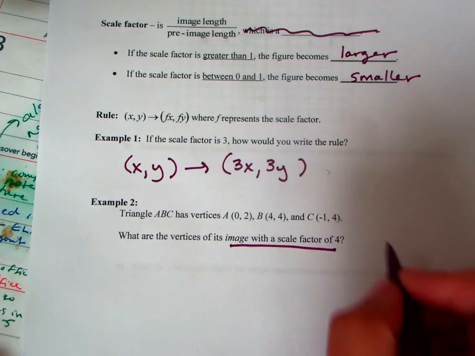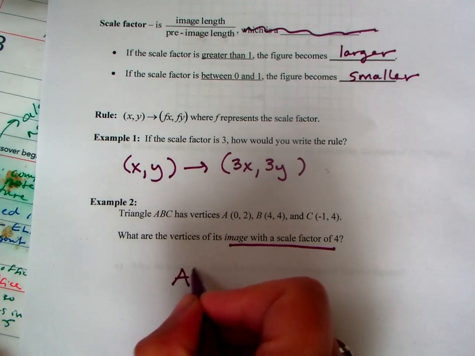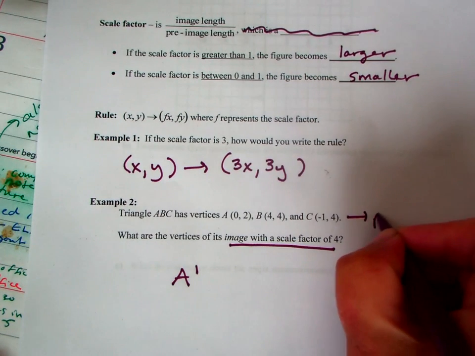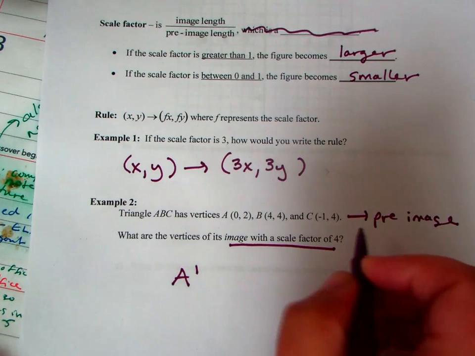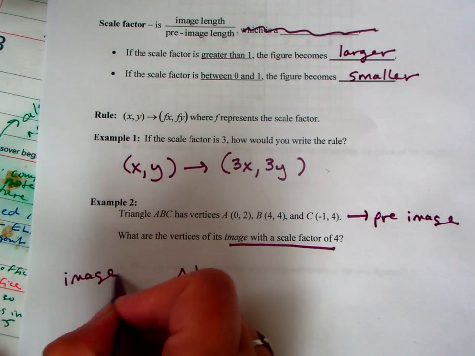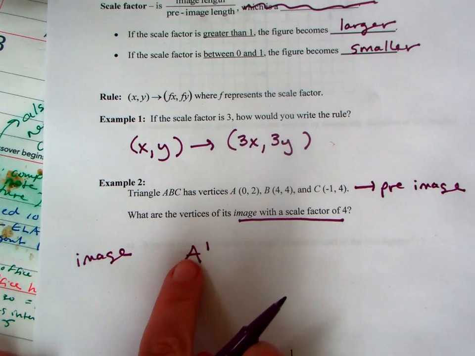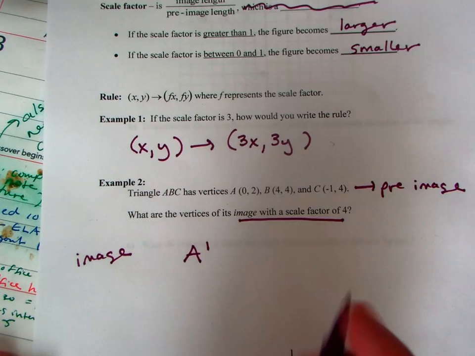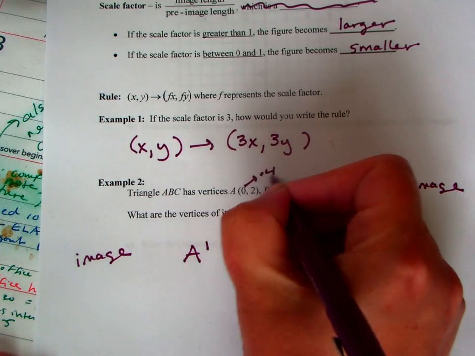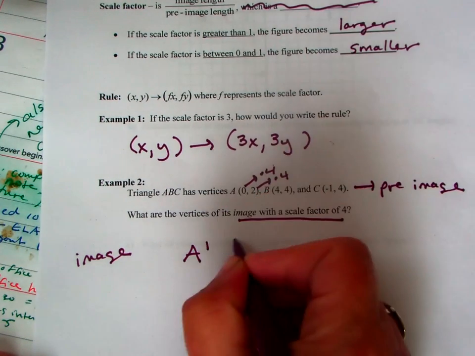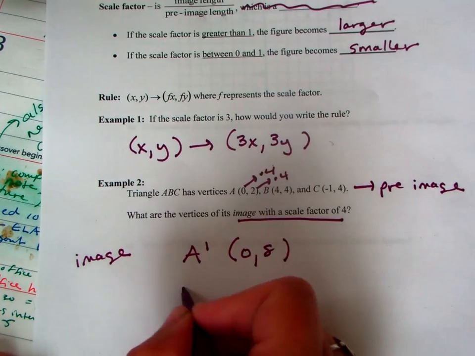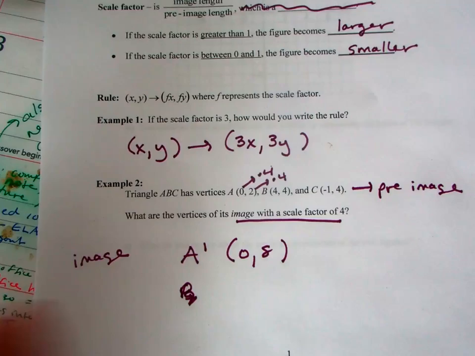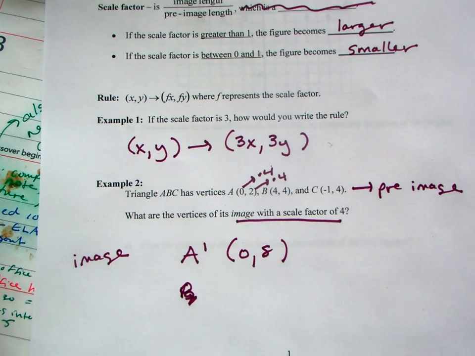So this is our pre-image, and this here will be our image, and remember that we show that with a prime. So A prime, we're going to multiply both of these by 4. 0 times 4 is 0. 2 times 4 is 8. Okay, and I will change color because it's more fun that way.